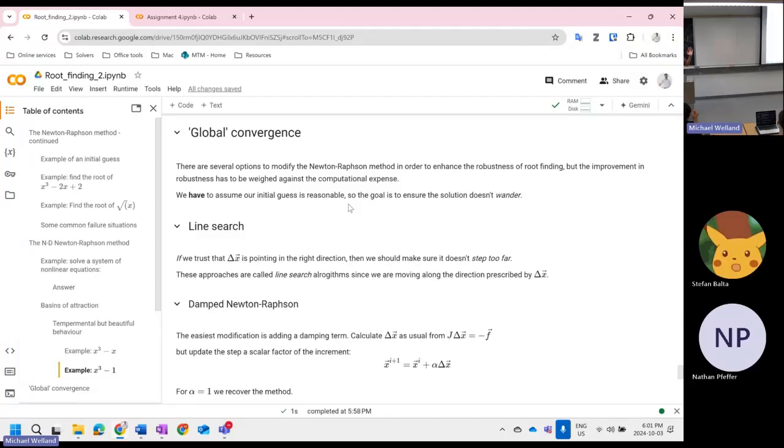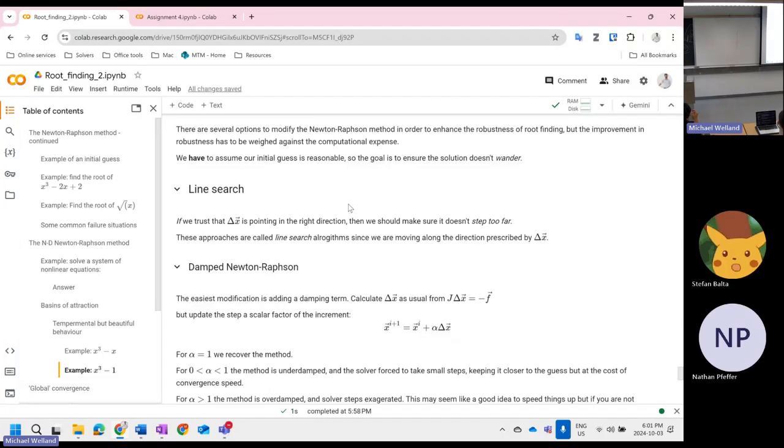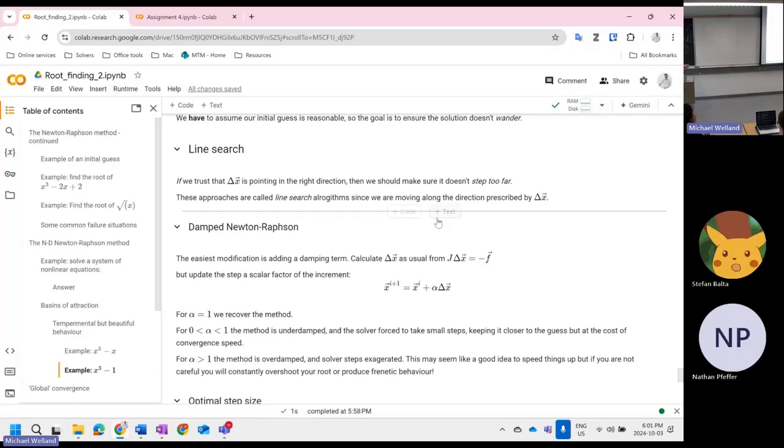But it's kind of similar, right? If we trust that delta x is pointing us in the right direction, we just want to make sure, walking down the mountain again, that we take small steps. We don't want to magically teleport to the other side of a peak. So the easiest solution is literally to make it take small steps. That's called the damped Newton-Raphson method.